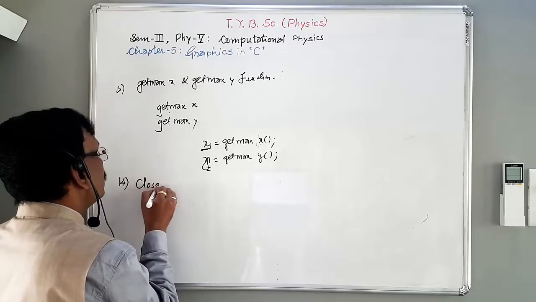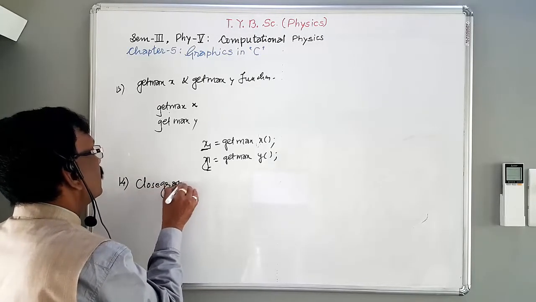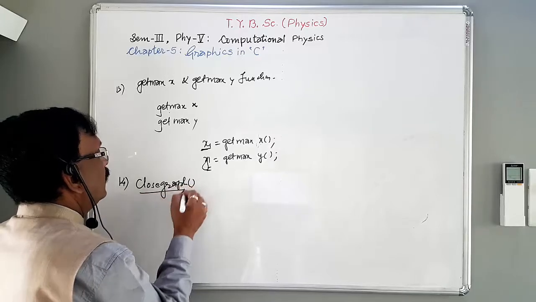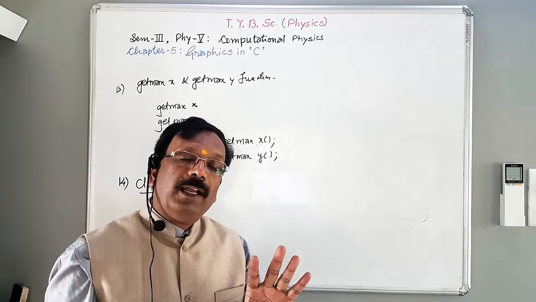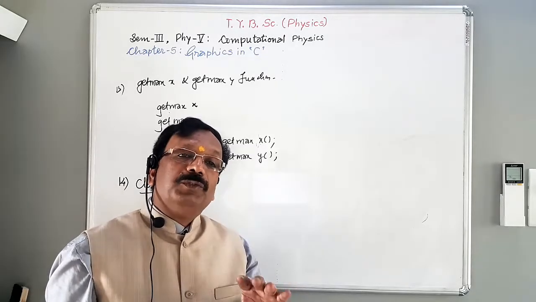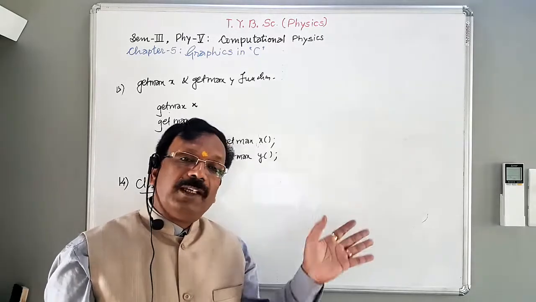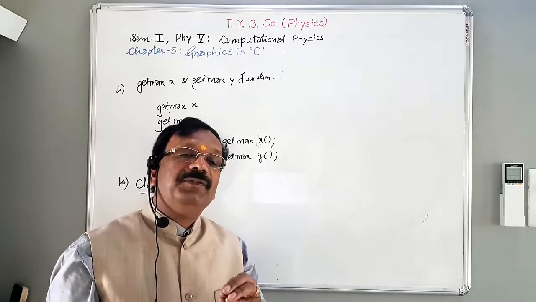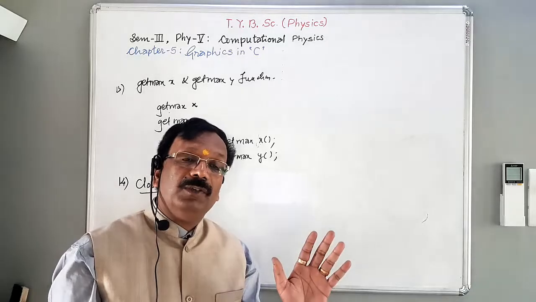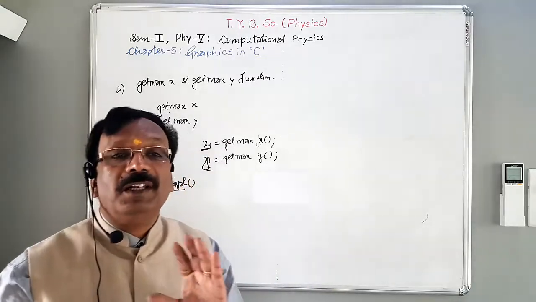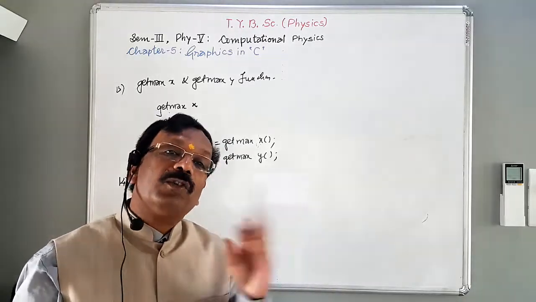Closegraph. Remember, when we are working in graphic mode and we want to come out of that graphic mode, obviously first of all we have to close the graphic mode and then come out of it.